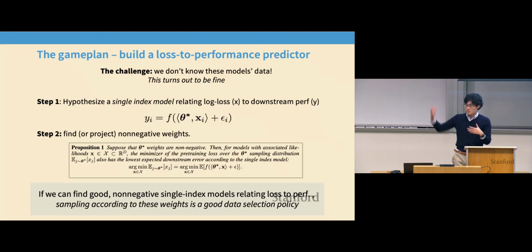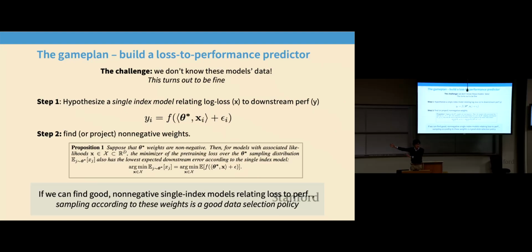One model might fit this website better, and another model might fit another website better. I'll have this big matrix where the rows are different models and the columns are different websites on the internet, and I'll get a log loss number for each entry in this matrix. Then I have the downstream performance for each of these models, and I can regress from log loss onto downstream performance. This is a very simple regression problem.